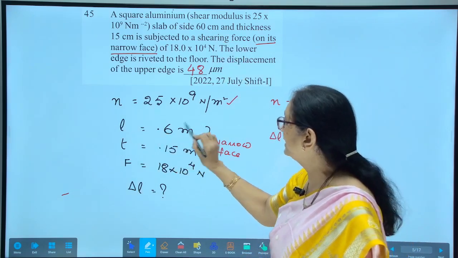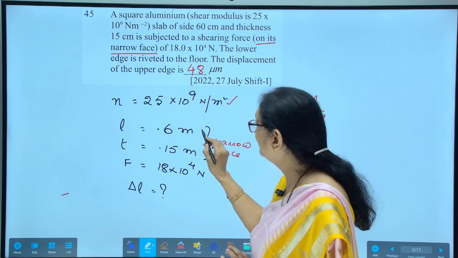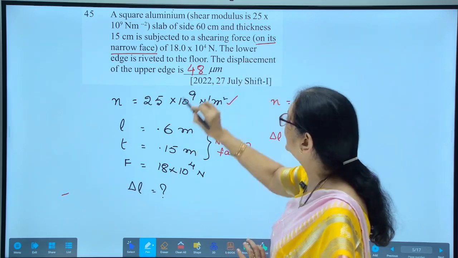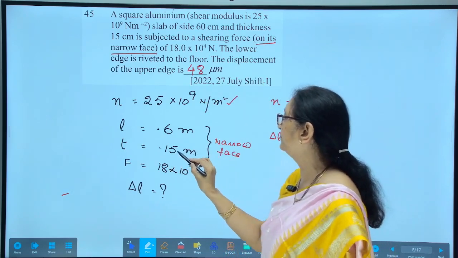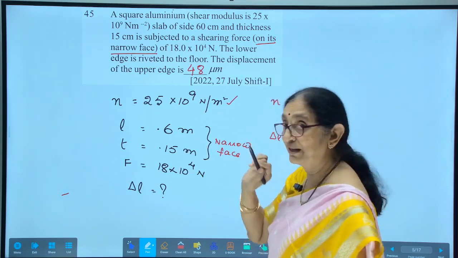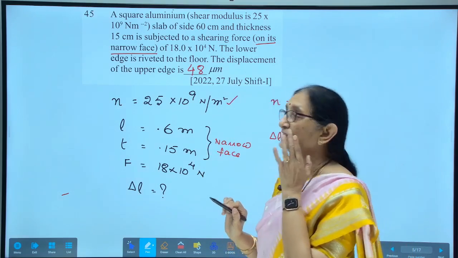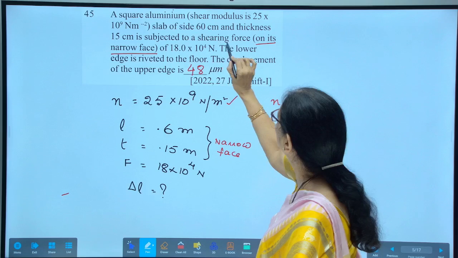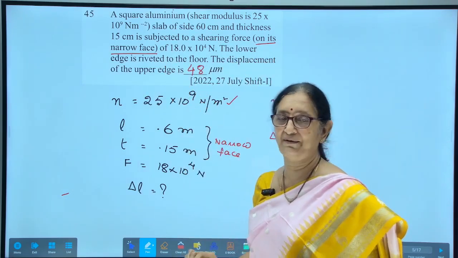So, if 60 is converted into meters, L is equal to 0.6 meters and the thickness is 15 centimeters. If it is converted into meters, it is 0.15 meters. The most important thing to note in this problem is that the shearing force acts on its narrow face, not on the square face.